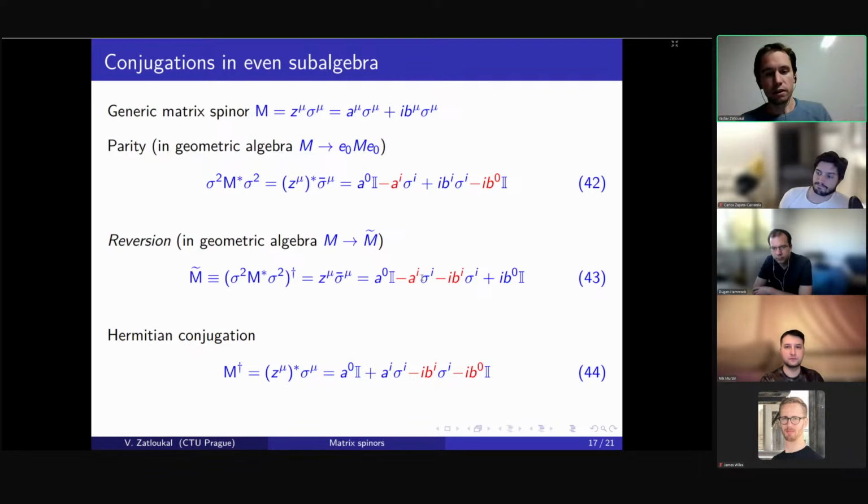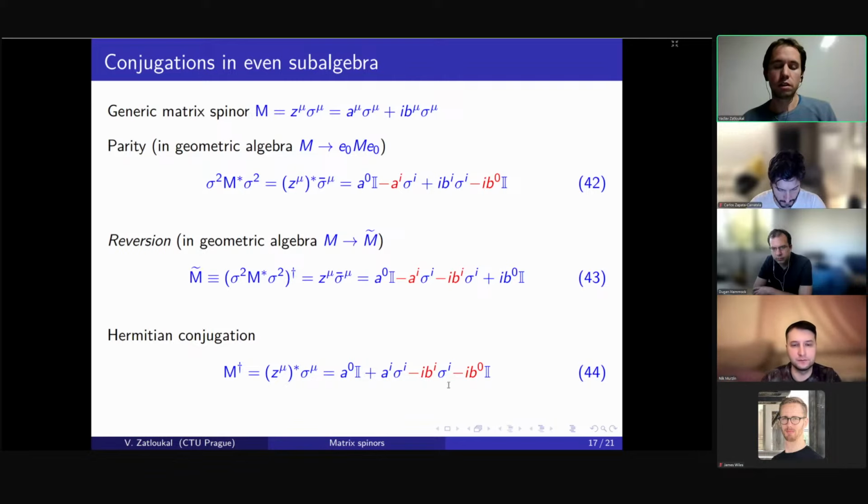It flips the sign of all bivectors, in fact, in this decomposition of the spinor.